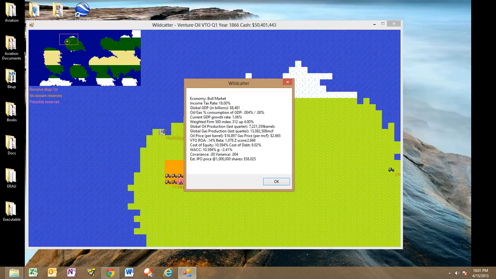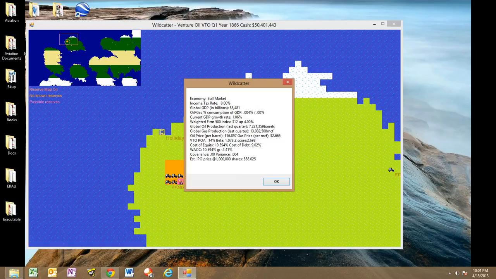We can see here that the z-score is 2.6, and that is a very good z-score. Typically, anything below 1 is really bad, and between 1 and 2 is kind of iffy. Between 1 and 2, you can expect higher cost of debt, and below 1, really high cost of debt. That represents investors' belief in the risk that your firm will default.